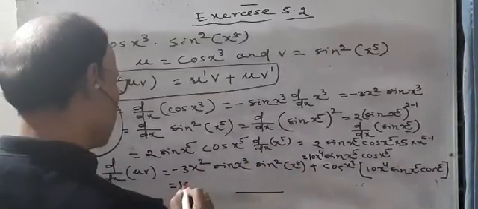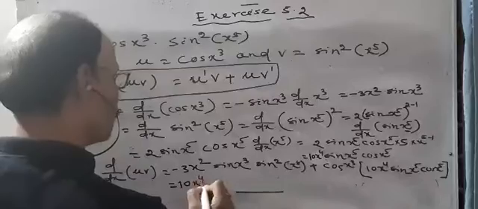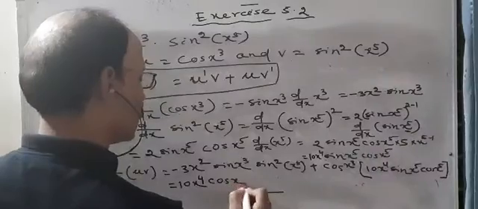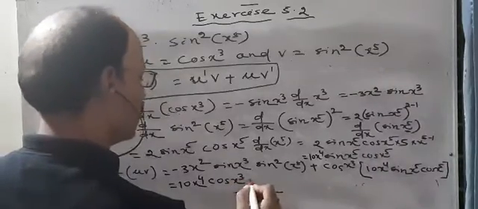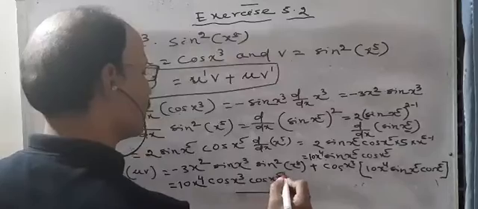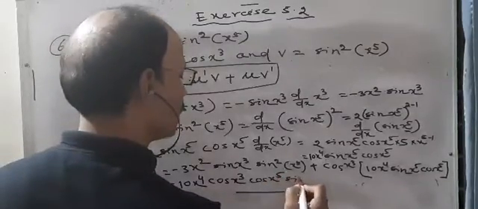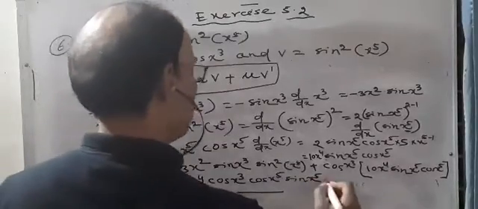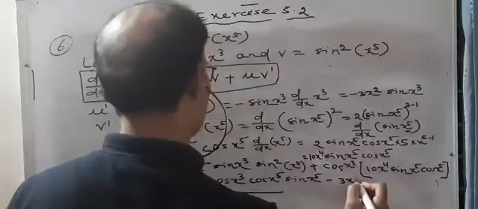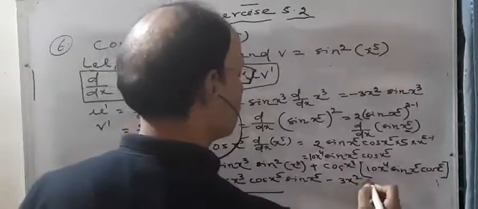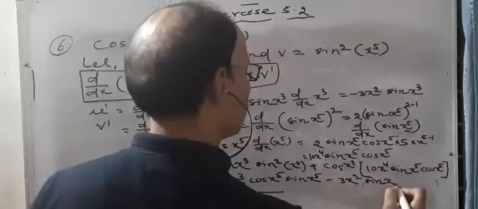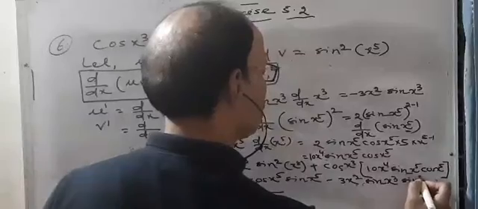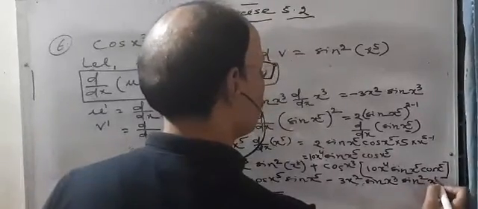So it will be 10 x to the power 4, cos x to the power 3, cos x to the power 5, sin x to the power 5, then minus 3 x to the power 2, sin x to the power 3, then sin square x to the power 5.